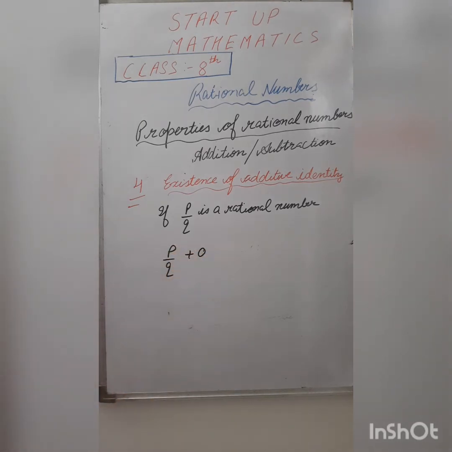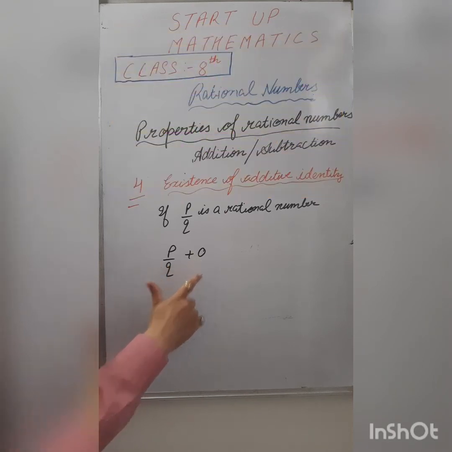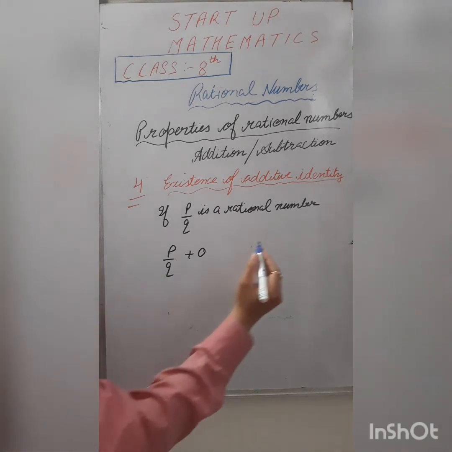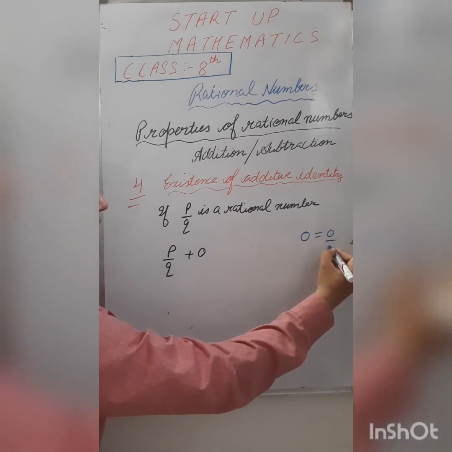If we add 0 to our given rational number, that is p by q, 0 is a rational number. As per the definition of a rational number, we can write 0 as 0 by 1.